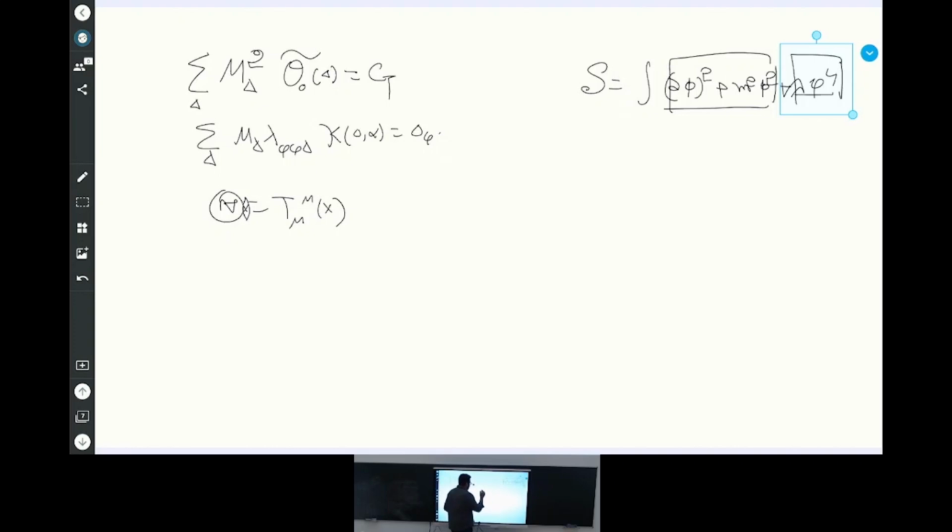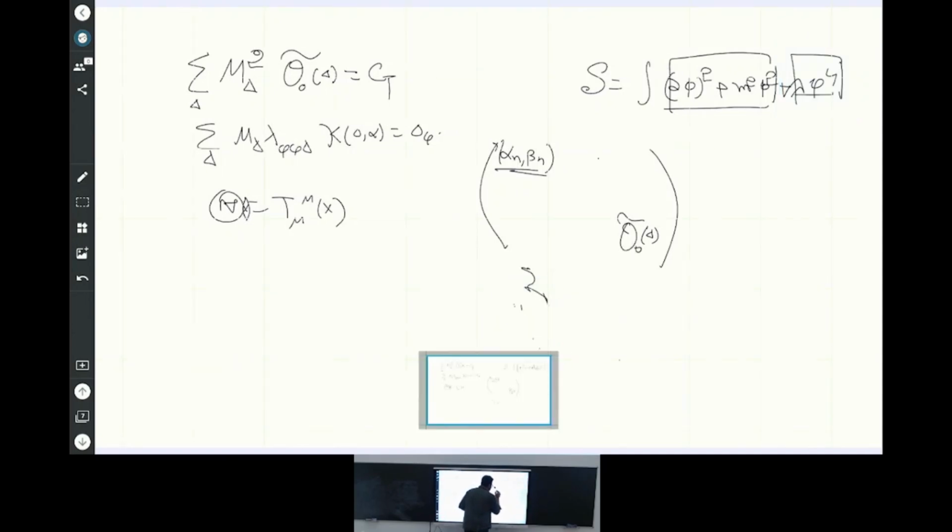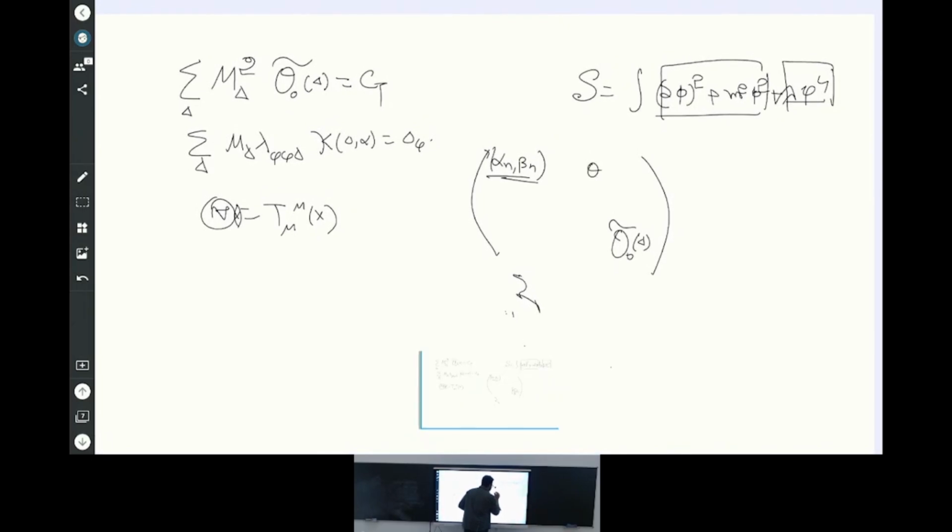One thing that I want to point out in this setup is that, remember, our functionals are alpha and beta n. So let's say this sits here. And then you have this equation, which is this theta 0 tilde delta. And then you have an equation, which is this theta n delta comma alpha, which I was describing before. And then also I have kappa delta alpha. So this sits in this corner. Now, before you do the bootstrap, you first need to compare the scaling, because they scale very differently.